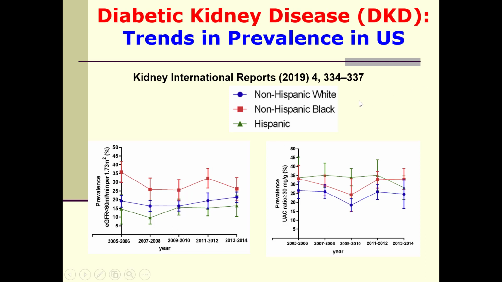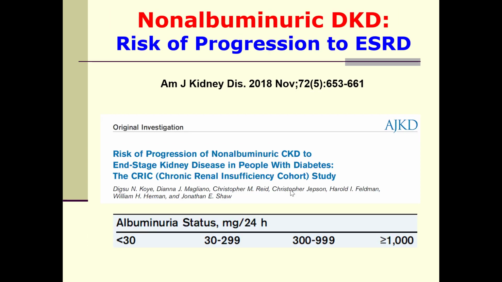If you look at non-Hispanic white, non-Hispanic black, and Hispanic, you can find different prevalence if we look at estimated GFR less than 60, or the same prevalence difference if we look at albuminuria exceeding 30 milligram per gram. This means that diabetes is different among countries and different among races.